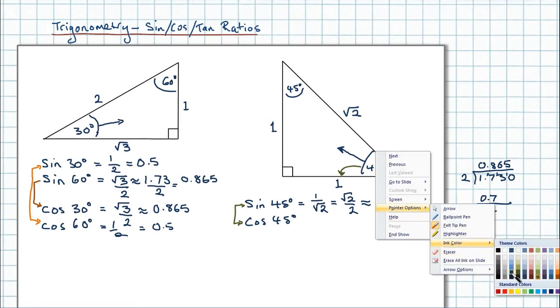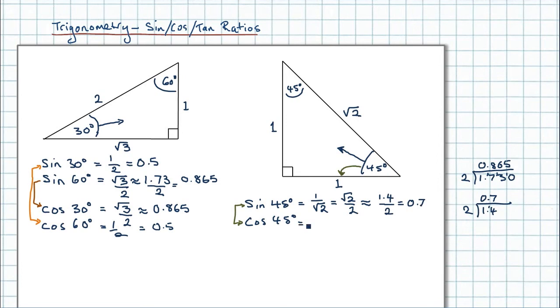In other words, what we've got is the adjacent, which is 1, divided by root 2, which is rewritten root 2 divided by 2, root 2 over 2, approximately equal to 0.7. But that's only an approximate value.